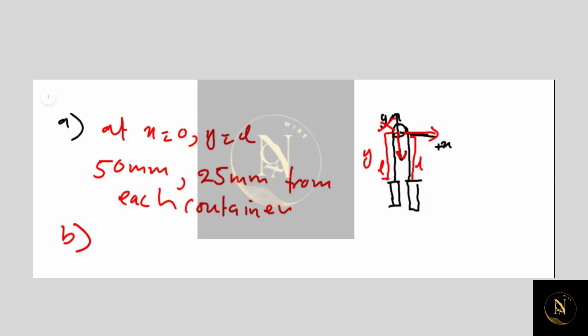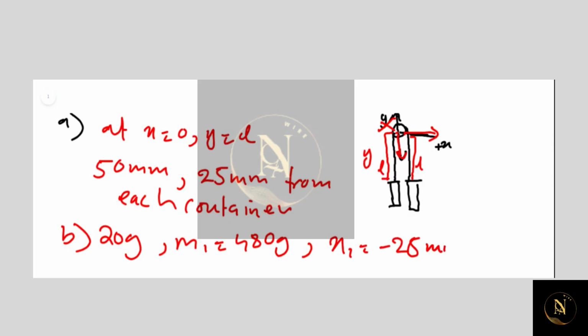Part B, suppose 20 gram is transferred from the container on the left to the container on the right. The container on the left has a mass m1, which is 480 grams, and is at x1 equal to minus 25 millimeter.